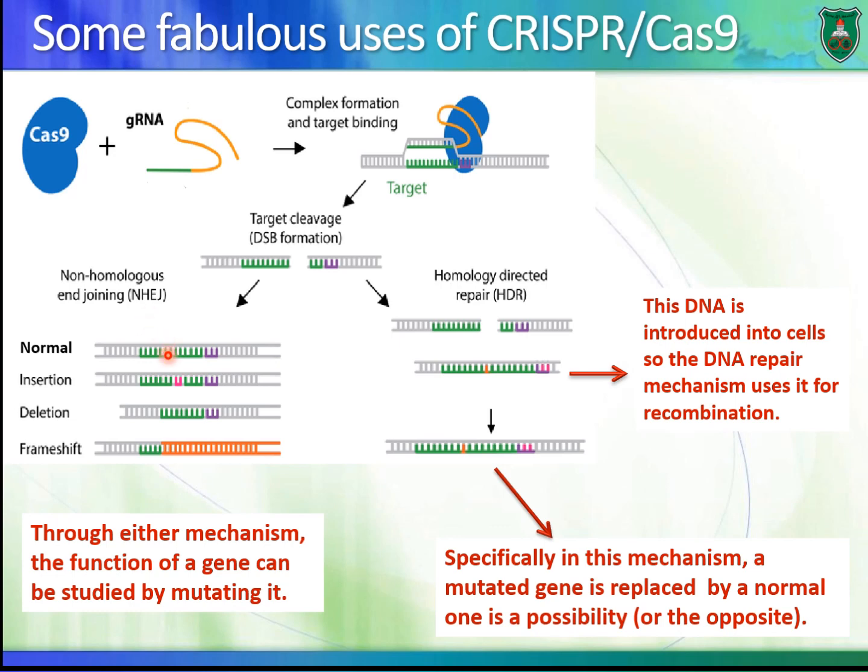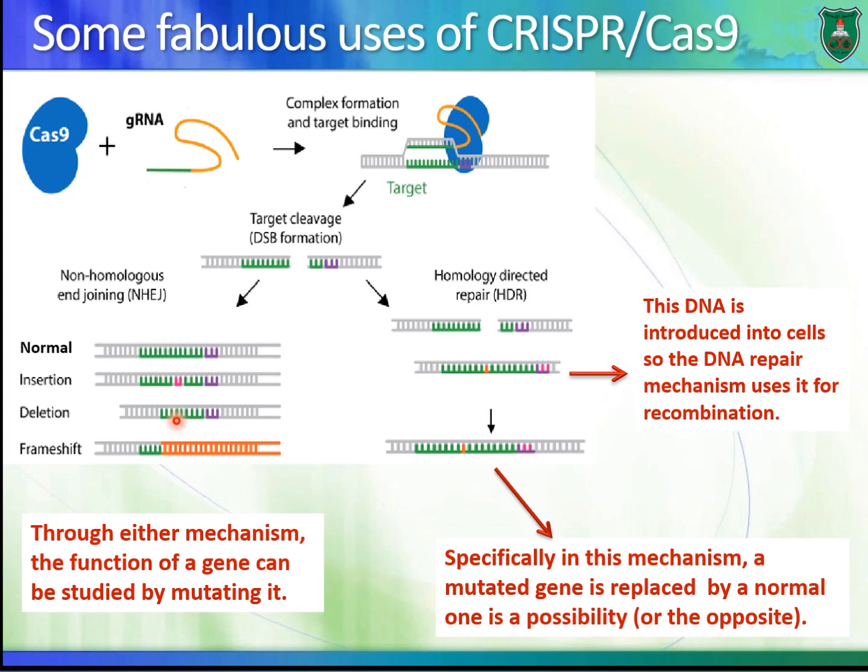So we can create mutations so that the gene now is faulty, it's not functioning well anymore, and this is how we can actually study the importance of a gene biologically by disrupting it and seeing what happens afterwards.